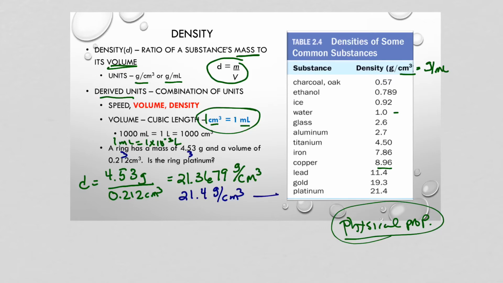And if I go over here to look at platinum, I can see that this indeed is pure platinum. And so the ring is indeed pure platinum. So this is starting to work with density and how we can use density to prove the identity of something.